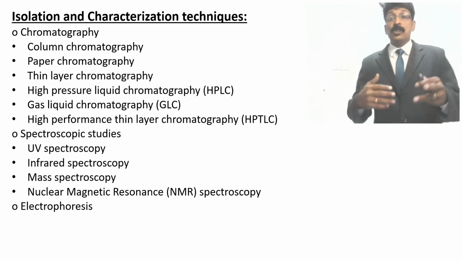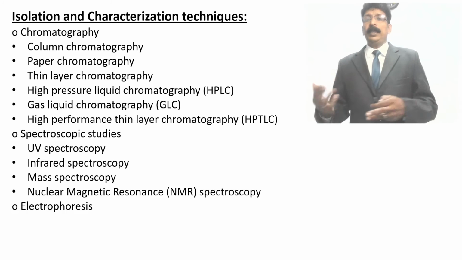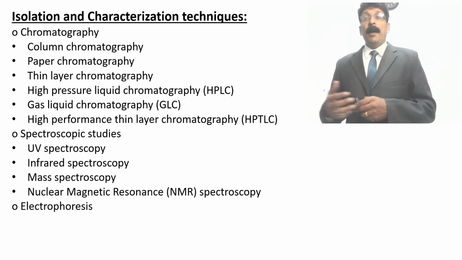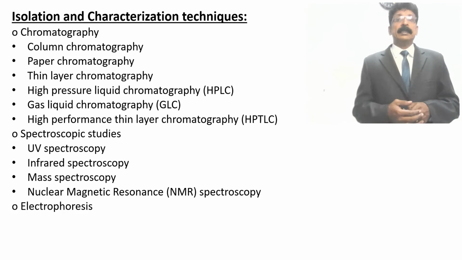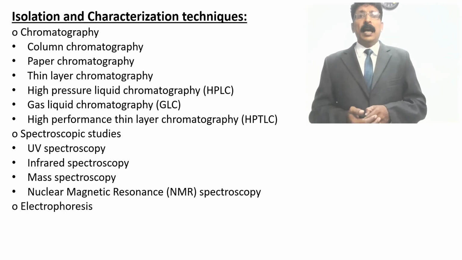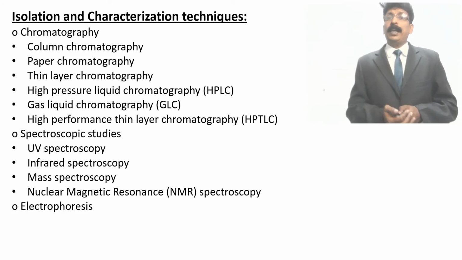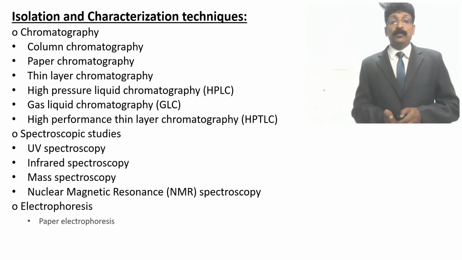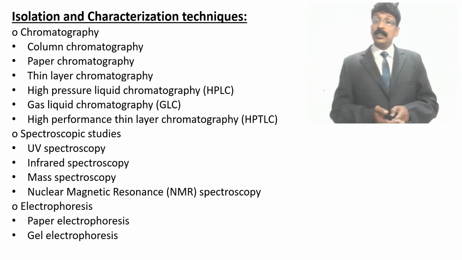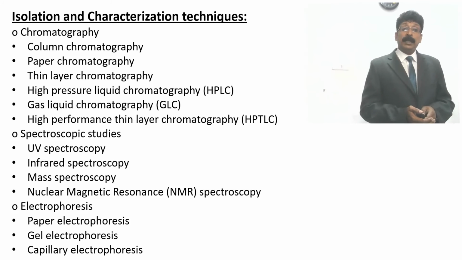We will also slightly discuss hyphenated techniques, that means two instruments joined together, and two-dimensional and three-dimensional techniques, in various classes. We also have to discuss electrophoresis, like paper electrophoresis, gel electrophoresis, and capillary electrophoresis.